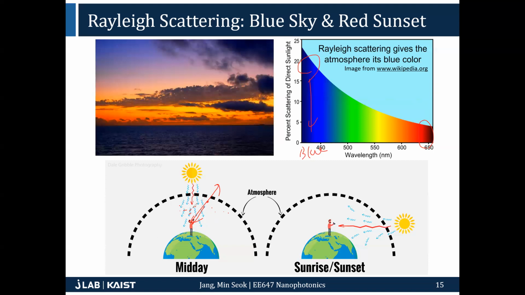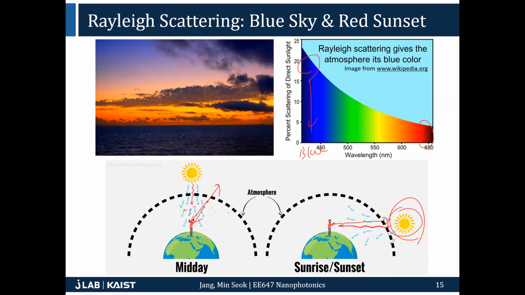Because you're not looking at the direct light, but at the scattered light, so it's mostly blue. In the sunset or sunrise, the situation is a little different, because what you are looking at is actually around the sun, right?